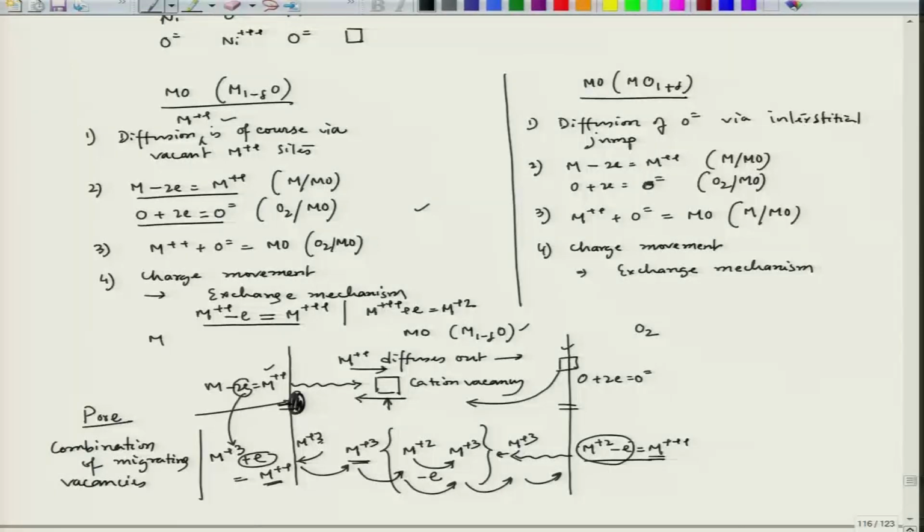For example, if we take n type, for example, zinc oxide, if we add a kind of metallic ion which has lower valency than the metal cation present in the usual lattice, then that would reduce the concentration of interstitials and also decrease the excess electrons.